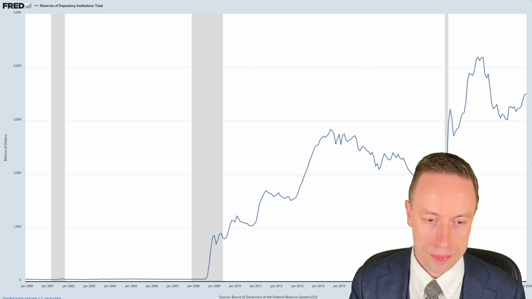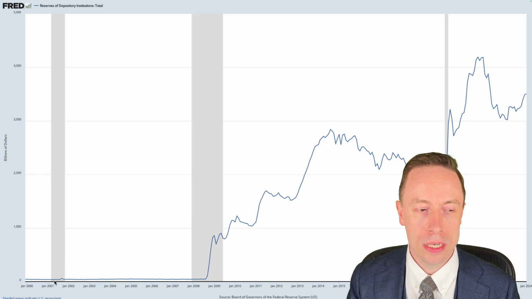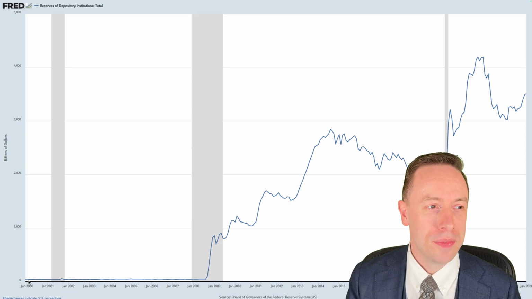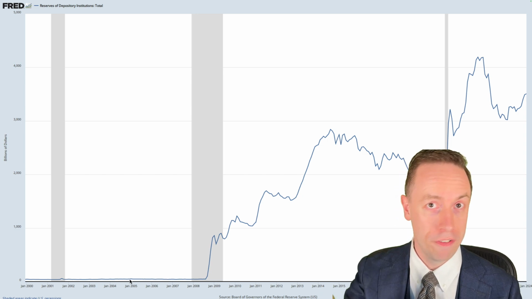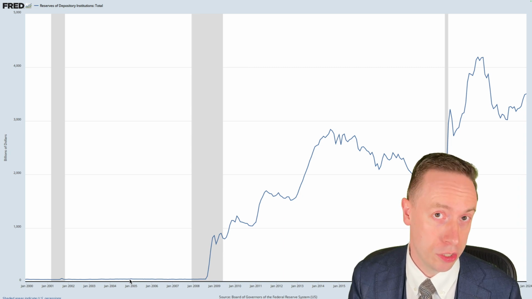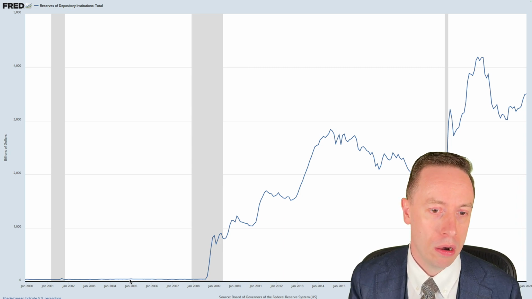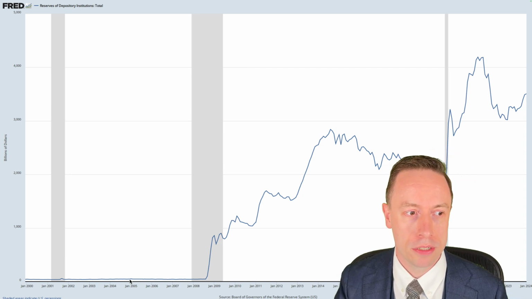And you can tell prior to the Great Recession, this number almost looks like zero here, but this was actually billions of dollars they had deposited. Number one, because somebody might show up and want their deposits back. And number two, the Fed actually required banks to have at least 10% of many types of deposits on reserve every single night as a regulatory requirement.